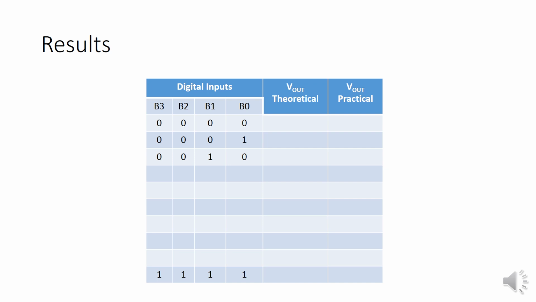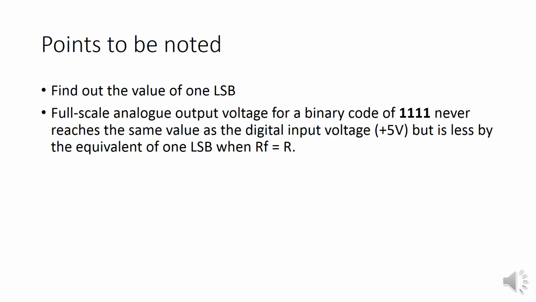For every bit we need one R resistor and one 2R resistor. So by getting those resistors you can increase the number of bits for this digital to analog converter.